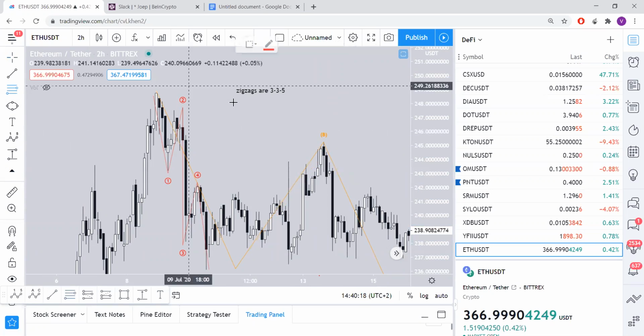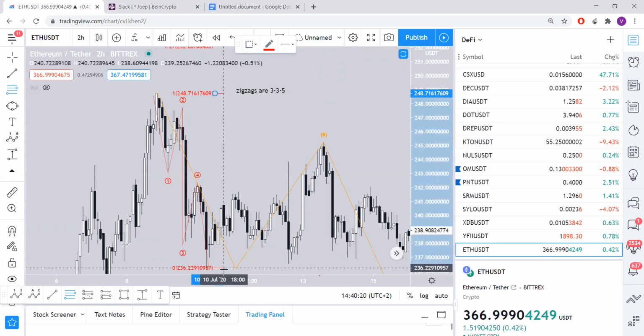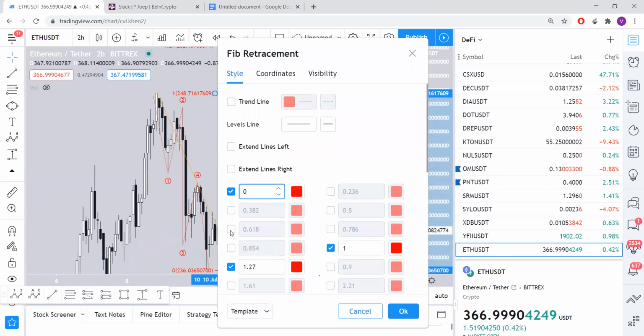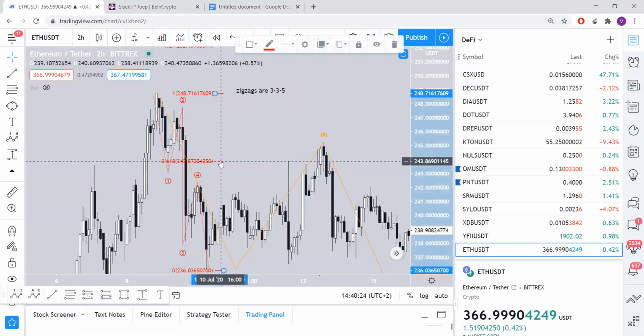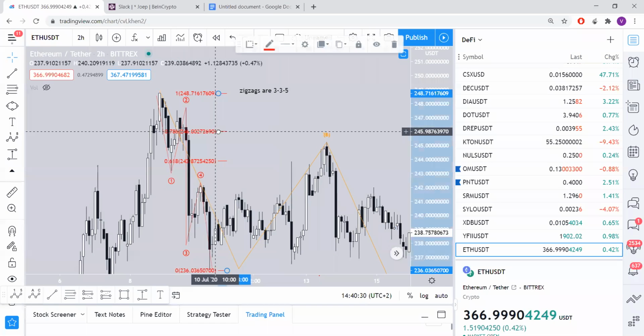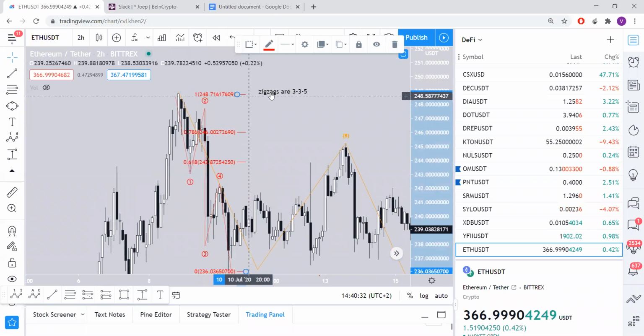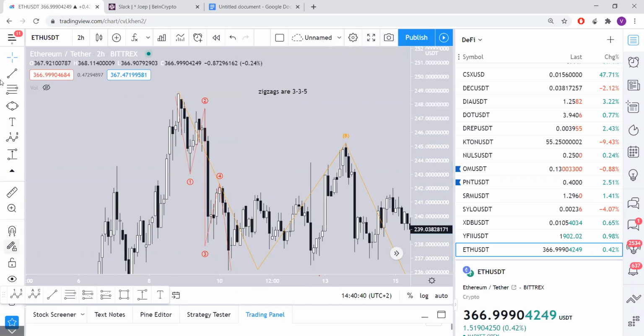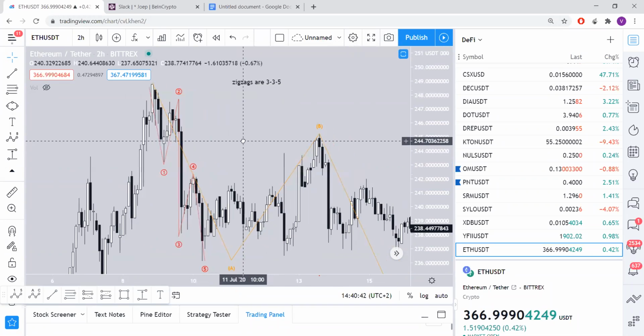It will usually go all the way to the 0.618, maybe sometimes higher, but it doesn't come close to the 9. Went a little higher. It's still below the 0.786, right? So whenever you have a B wave which fails to even come close to the top of the A wave, it's probably a zigzag instead of being a flat. So you have 5 waves down. Keep in mind the rules, right?